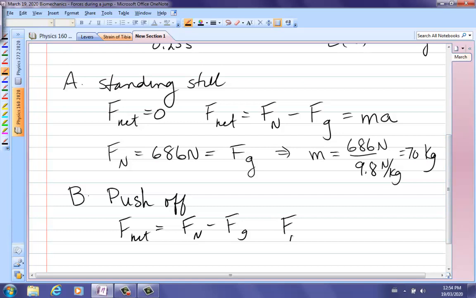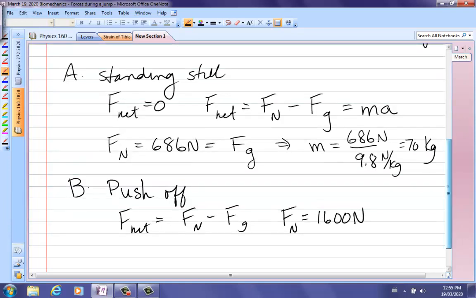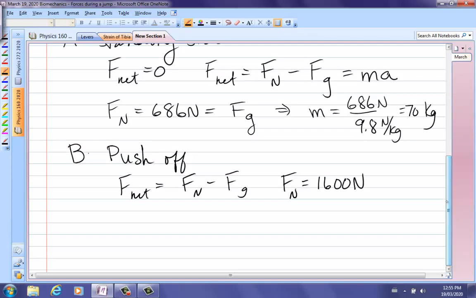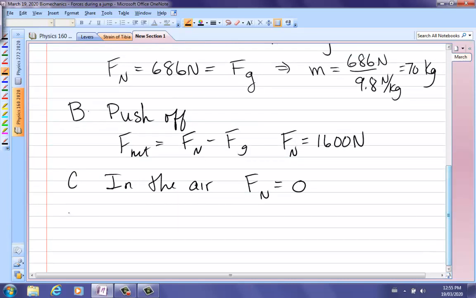So Fn, according to that graph, is 1600 newtons. Okay, we'll answer the questions in the order in which they're asked. So we're just trying to get the normal force for each section. So part C, when you're in the air, the reading on the scale is 0 because you're not on the scale. So the normal force is 0.